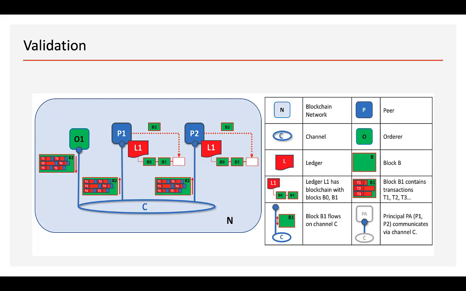But this invalidation will be marked on the block; it's not like the invalid transactions will be thrown away. They will still be in the block, but they will be marked as invalid. And then every peer will now update their database, the world state database, as well as their ledger.